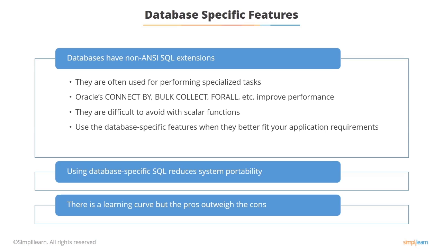A company merges with another one and they're both using different databases. They might want to try and get a standard across the organization, but that's a pretty major undertaking and won't be done very often. And the thing is, if you've got, say, an Oracle database, you'll be paying Oracle quite a lot of money for the connections. You may as well make use of all the features of the database and make it very, very efficient.